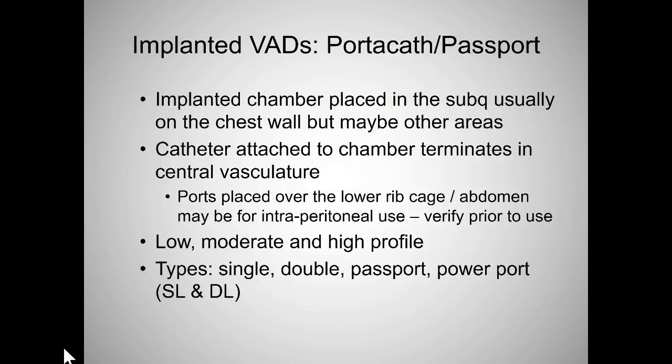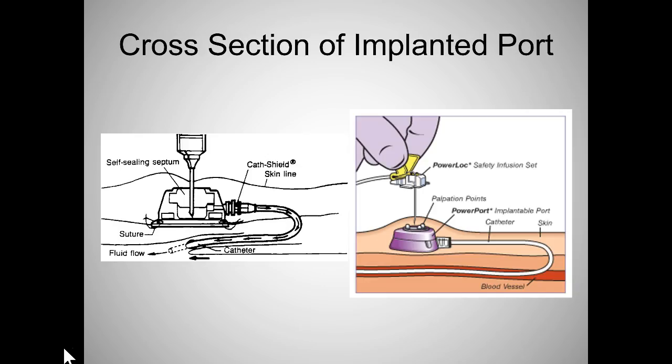They can be placed in a low, moderate, or high profile, and there are single lumen, double lumen, passport, or power port. Here we have a cross-section of an implanted port. You can see that the port is placed directly under the skin, and the catheter is placed into the vasculature.